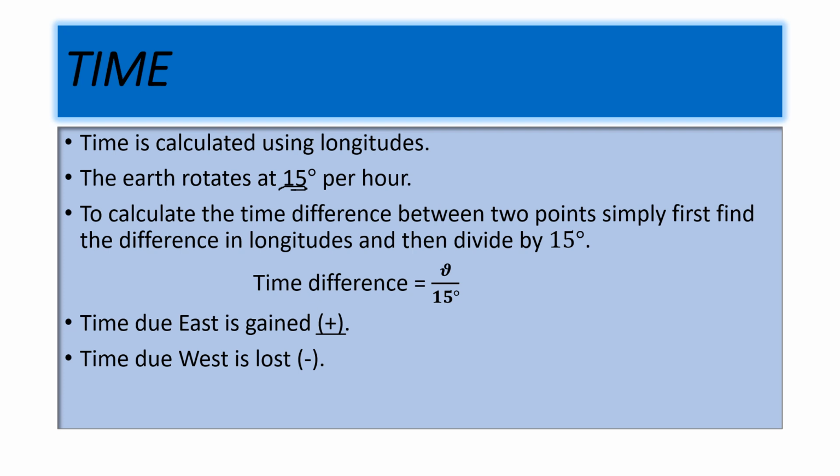Then time due west is lost. When finding the time at a point to the west side, you subtract from the original time given at the point. Okay, so these are some of the points that you need to consider when you are calculating time under earth geometry.